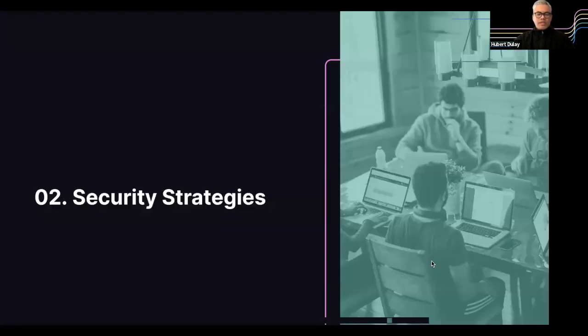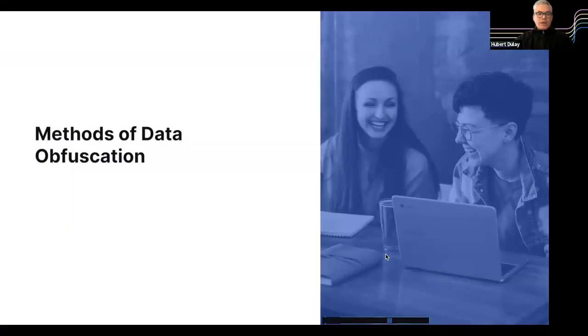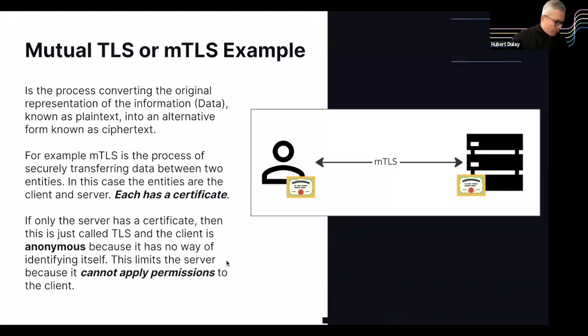So what are some of these strategies in securing data? There are ways to obfuscate data. So here's an example of ways to obfuscate data, which is to make sure that you're using mutual TLS. We talked in the beginning about what security is, and the difference between authorization and authentication, right?